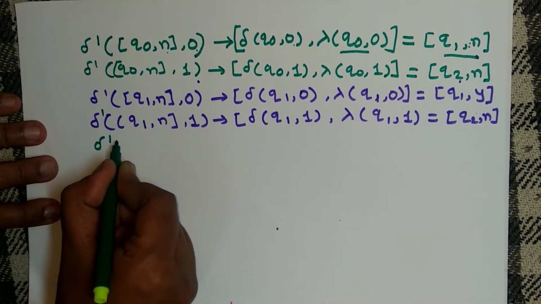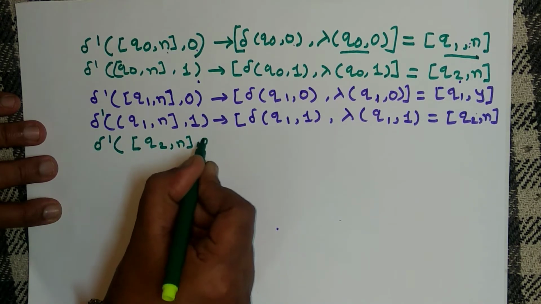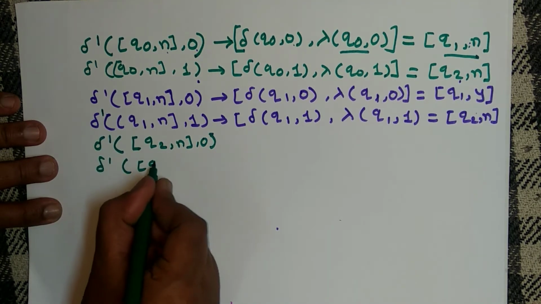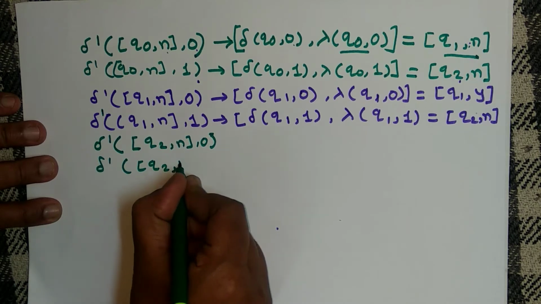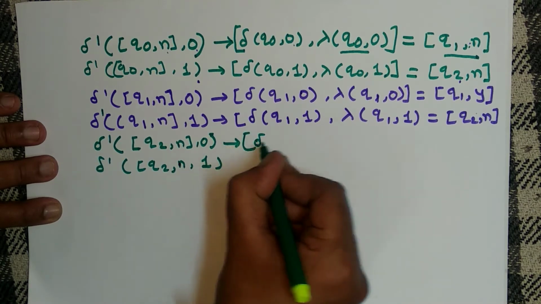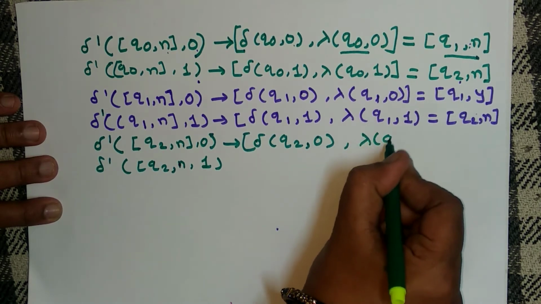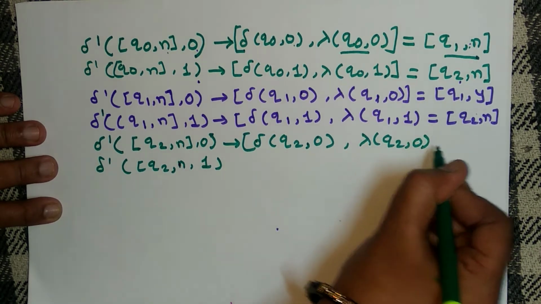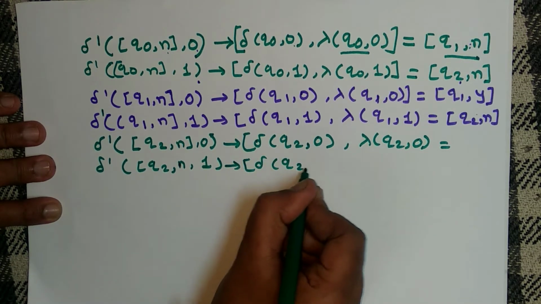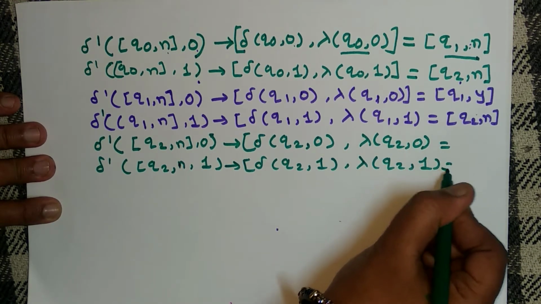Delta dash of Q2, n over 0. Next, delta dash of Q2, n over 1. Split: delta of Q2, 0 and lambda of Q2, 0; delta of Q2 over 1 and lambda of Q2 over 1.